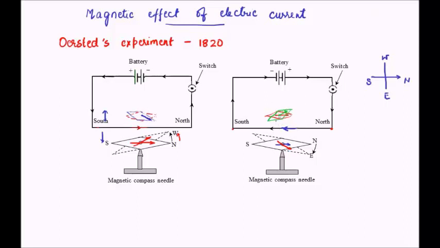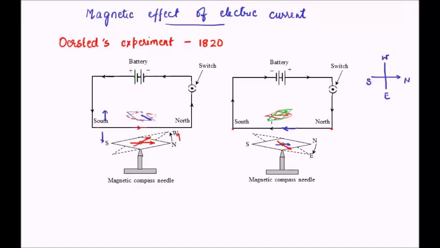Therefore, what we can conclude is that depending on the direction of motion of current and where the magnetic needle is placed, the magnetic needle's movement can be either towards the west or towards the east. It will basically depend on which direction the current is flowing and with respect to that where the magnetic needle is placed.